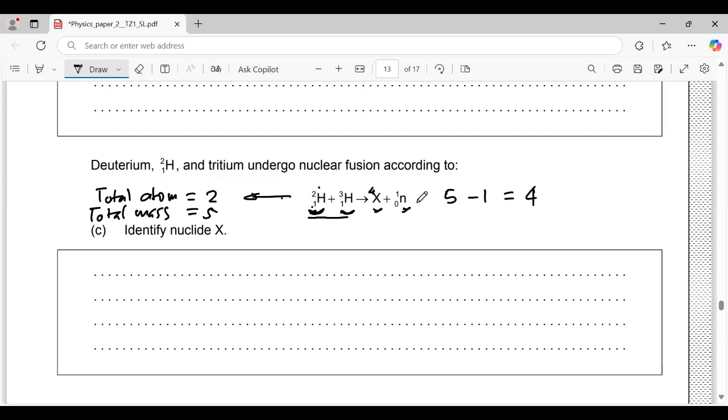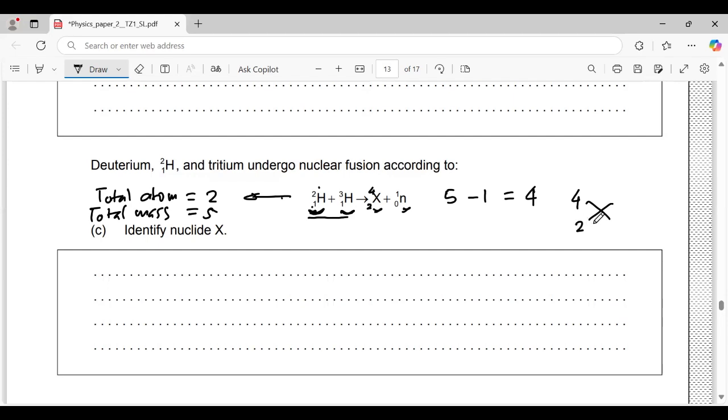X must have an atomic number of 2, because the neutron's is 0 and the total is 2. So X has atomic number 2 and mass number 4, which means it is helium.